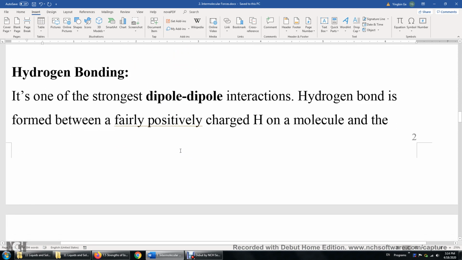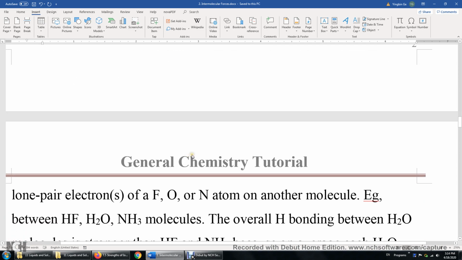One specific example of dipole-dipole interaction is hydrogen bonding. Hydrogen bonding is one of the strongest dipole-dipole interactions. Hydrogen bonding occurs between a significantly positively charged hydrogen on one molecule and the lone pair electrons of a fluorine, oxygen, or nitrogen atom on another molecule.